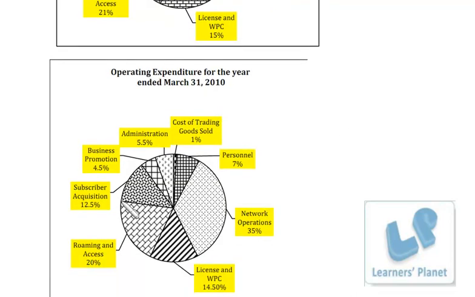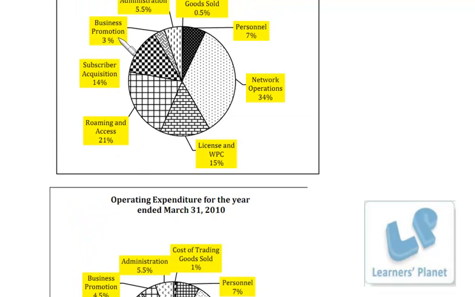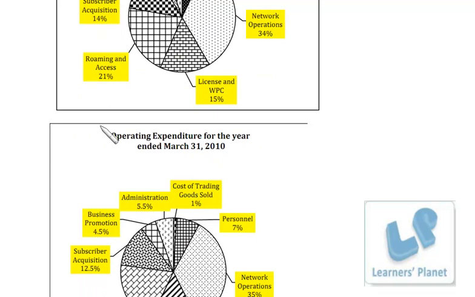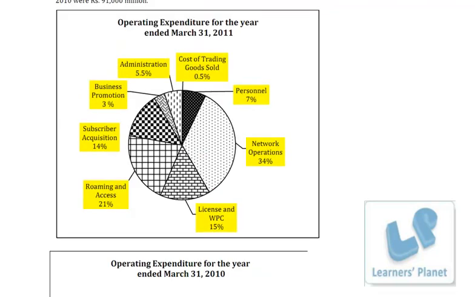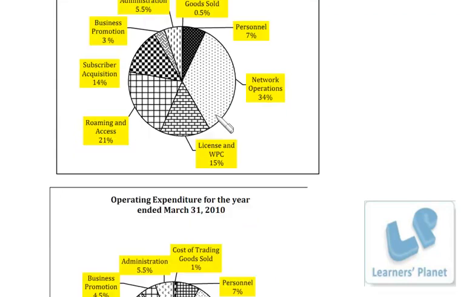So we just have two choices: the first one is business promotion and the second one is cost of trading goods sold. Okay, here for business promotion it goes from 4.5% to 3%, right? So the difference is around one-third.